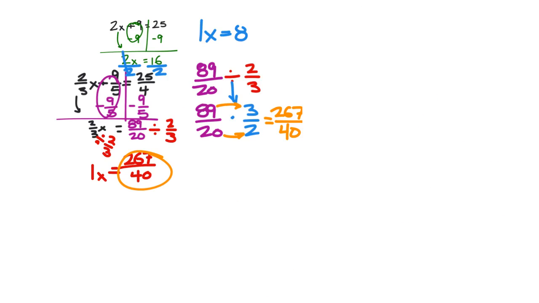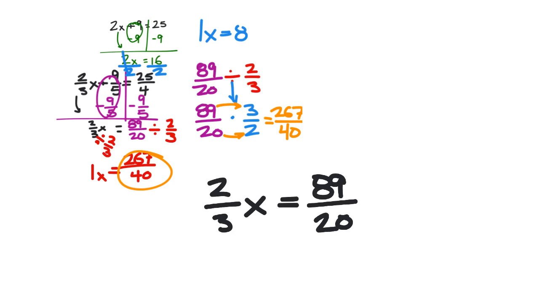If you looked at this, let's show that part, 2/3 x equals 89/20ths. If you saw something like this, you can do it in 2 steps. I like to show it in 1 just because it's quick and it's consistent with what we've been doing before with just dividing by the coefficient.